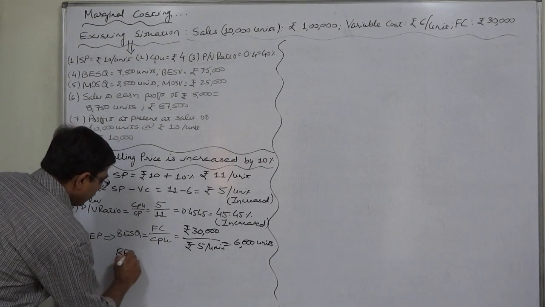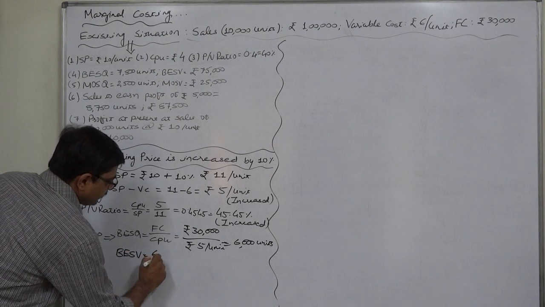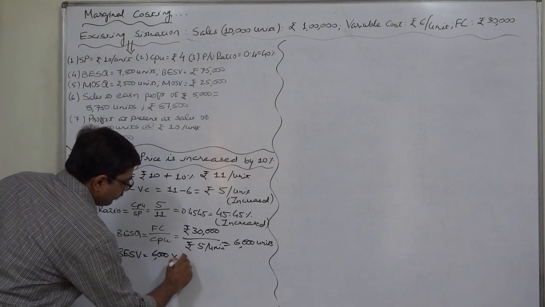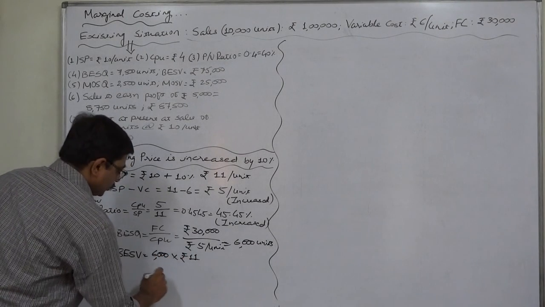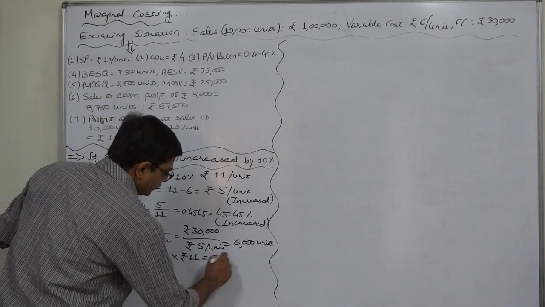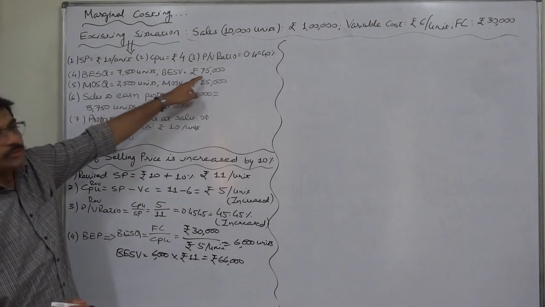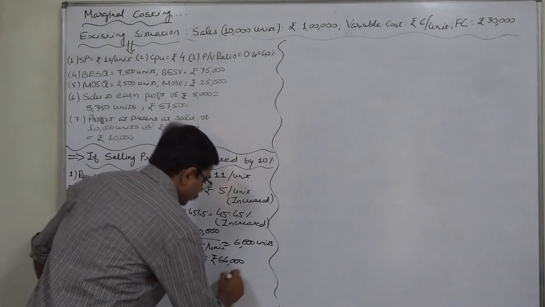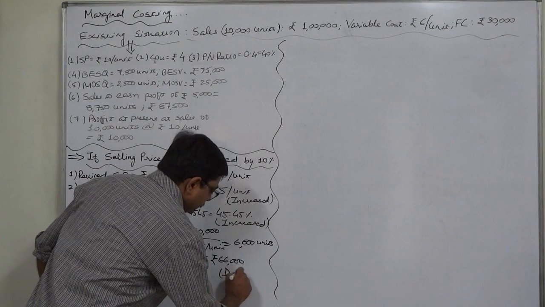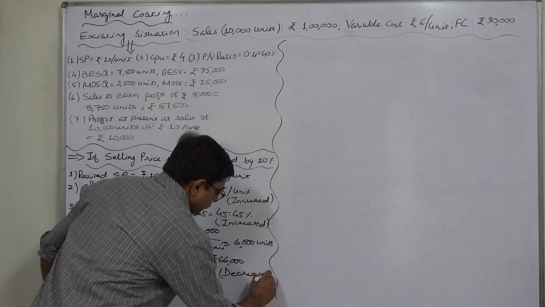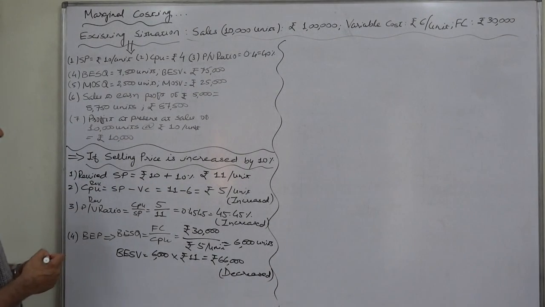Break-even sales value will be the revised break-even quantity into the revised price. So it is now rupees 66,000 against the existing rupees 75,000. So in both terms the break-even point has decreased.